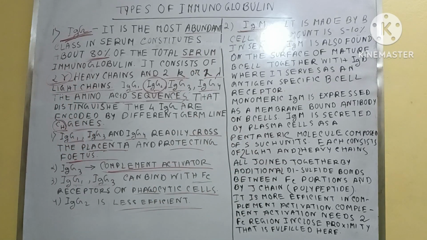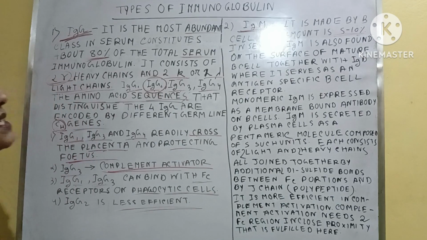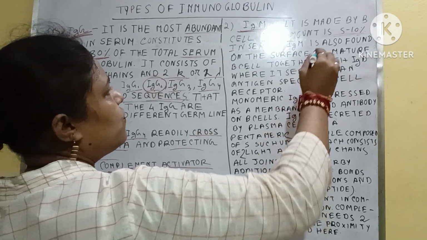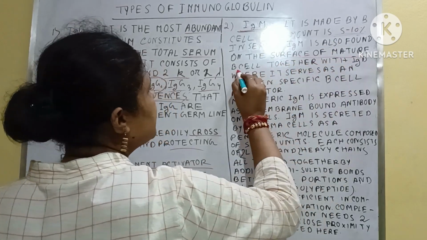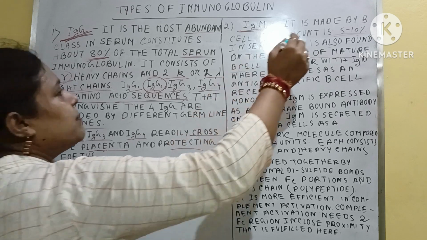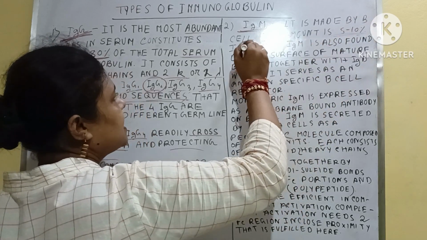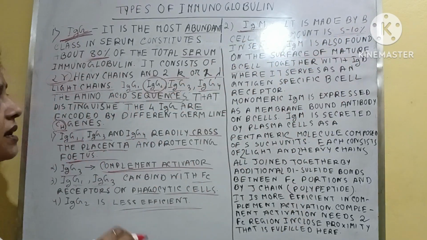It is generally seen in a very small amount, 5 to 10% in the serum, and it is also found on the surface of mature B cells.